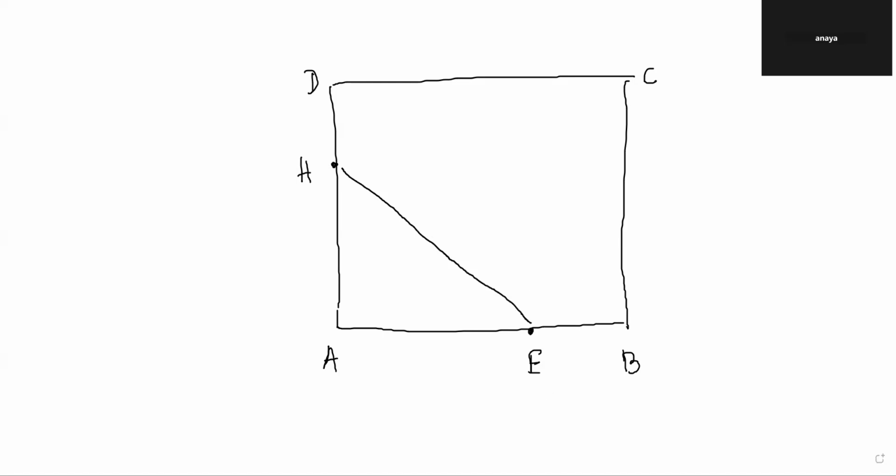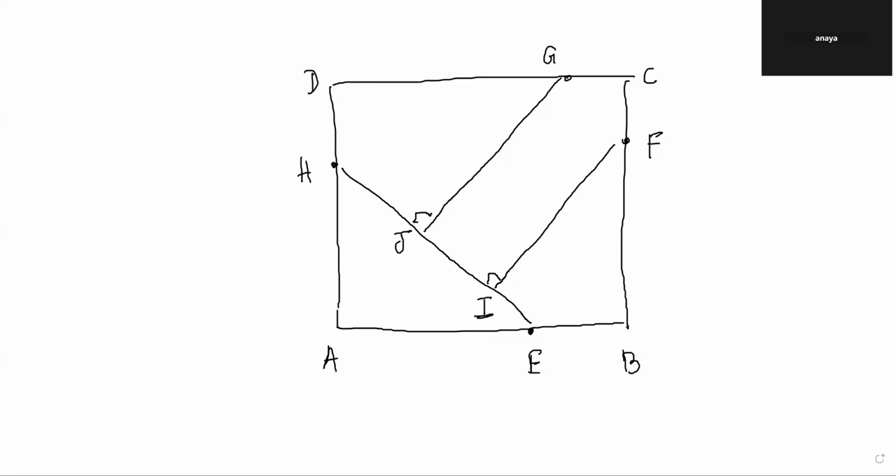And then the question said there was G and F here, and you drop perpendiculars on here. These are J and I, and the areas were given to be 1 for 3 figures.